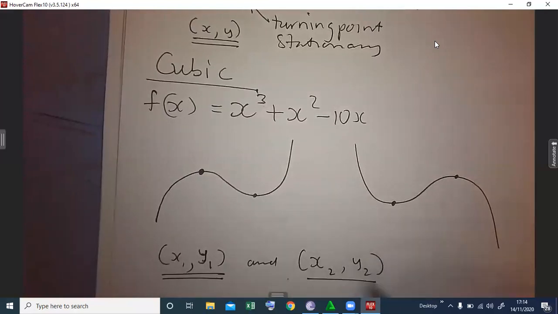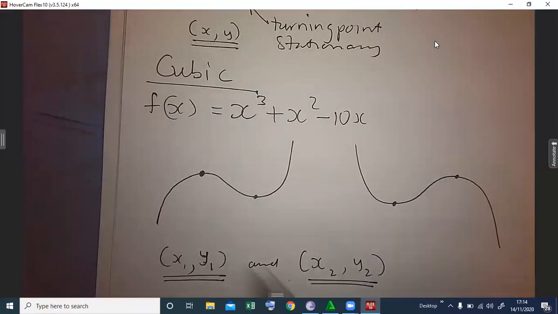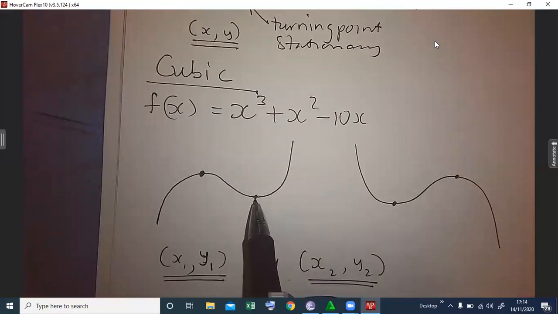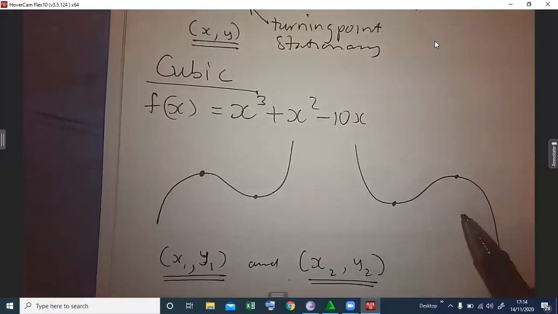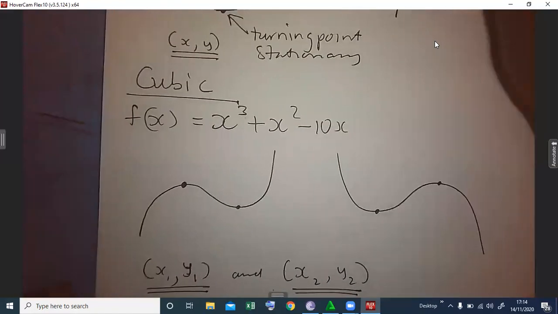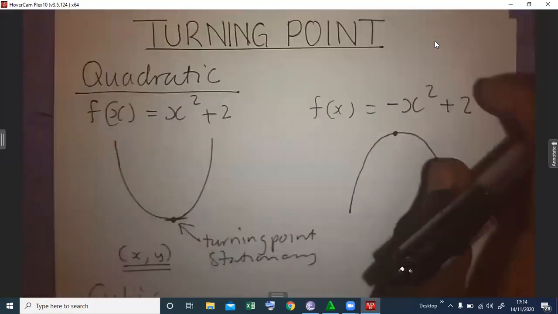Why two turning points? Because for a cubic function, we always get two turning points, one being the maximum turning point and the other one being the minimum turning point, as we can see. Now let's see how we find the turning point when we are given a quadratic graph.